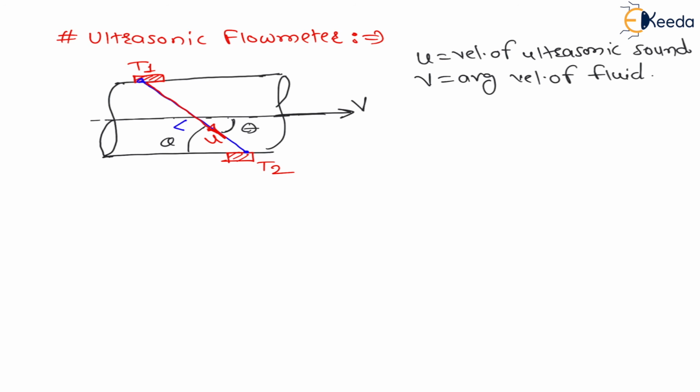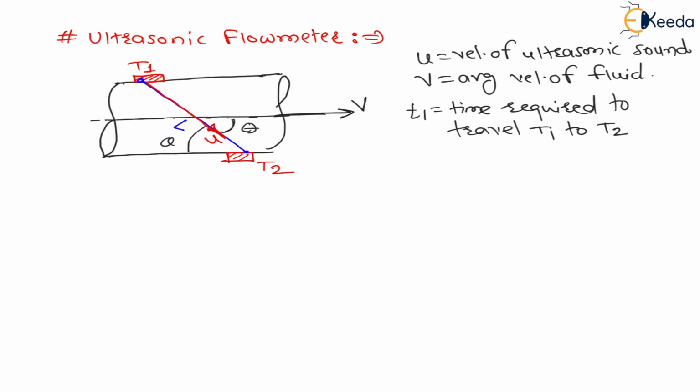Now let us say small t1 is the time required to travel from transducer T1 to transducer T2, right? So from this location to this location we need time t1. Now my dear students, what is the net velocity along this direction?